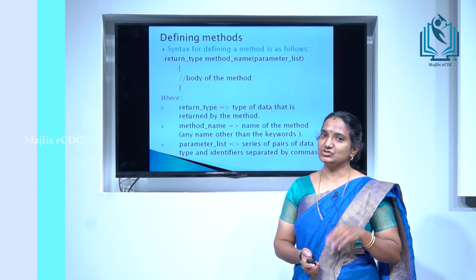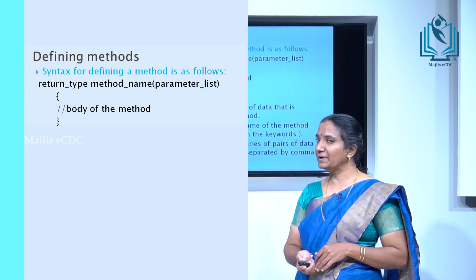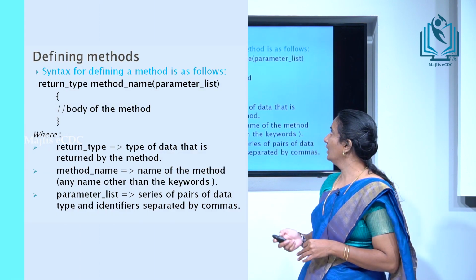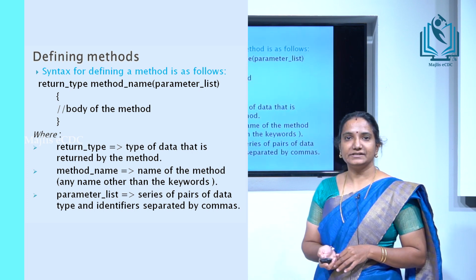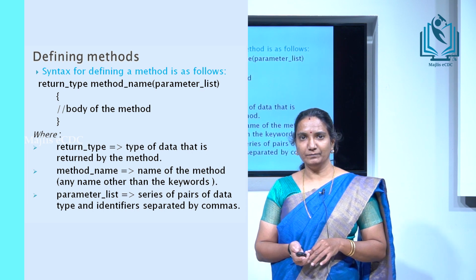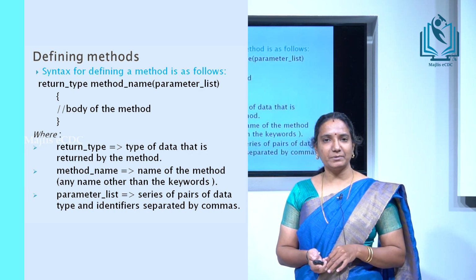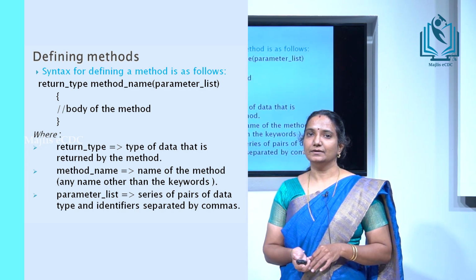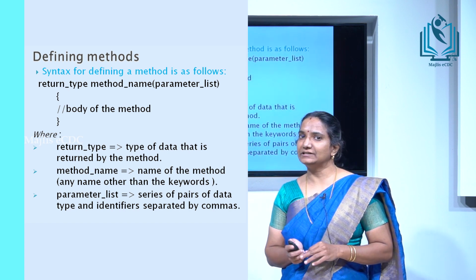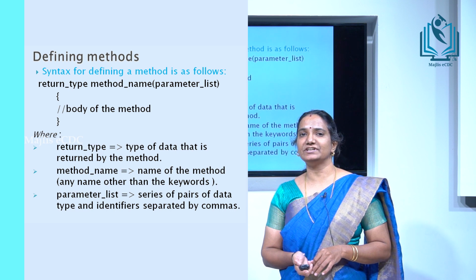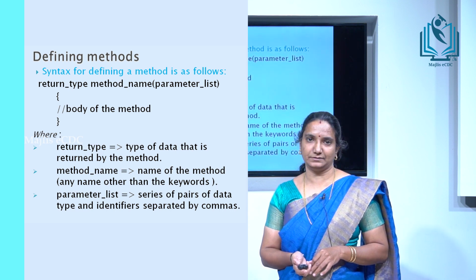Then the next part inside the class is the method. So how do we define a method in Java? The syntax is return type, method name, within parentheses the parameter list, inside curly braces the body of the method. Here the return type represents the type of the data returned by the method.